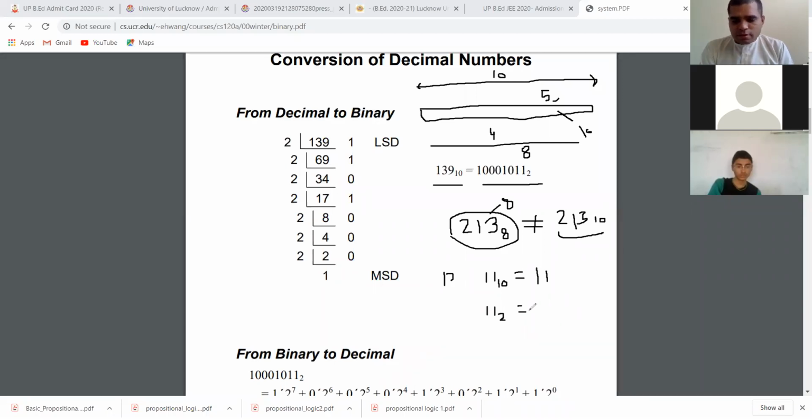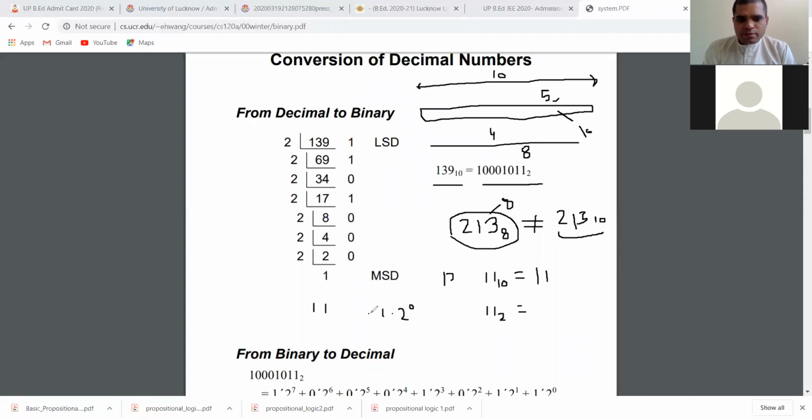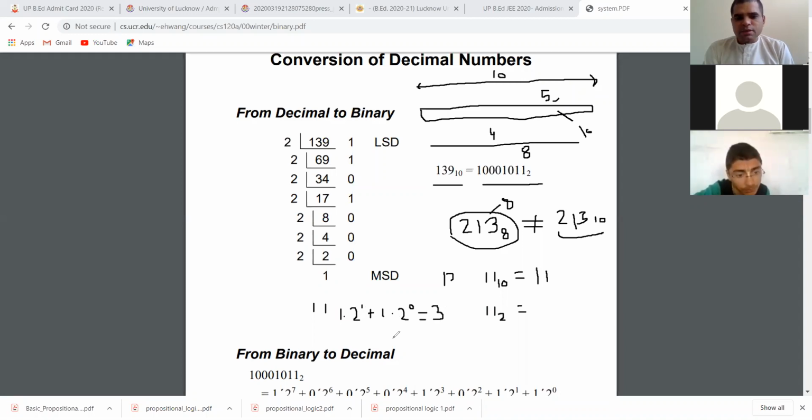This is in binary, so what will its value be in decimal? If you convert it into decimal, you will write 1 into 2 to the power 0, then 1 into 2 to the power 1. So if you add them, this will come to 3, because here this becomes 1 and this becomes 2, so it will come to 3. So you see both are different. 11 base 10 is 11 and 11 base 2 is 3.